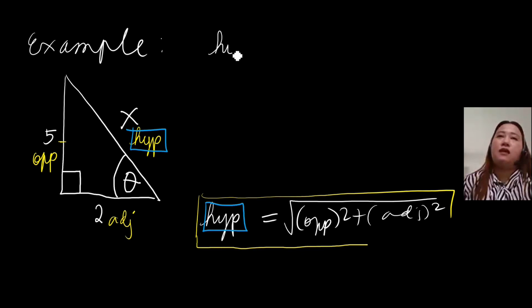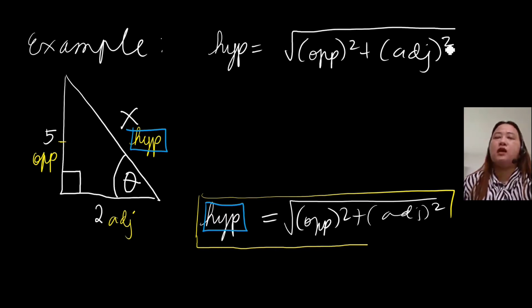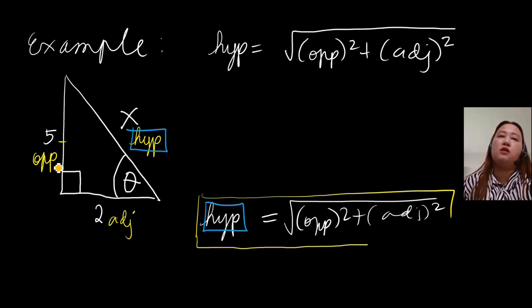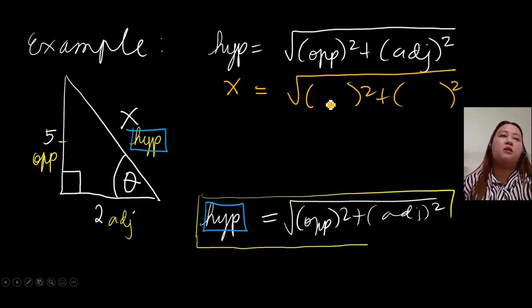So the derived formula again is hypotenuse equals the square root of opposite squared plus adjacent squared. Okay, now you're going to substitute based on what you can see on the illustration. So the hypotenuse is denoted by x equals square root of, so the opposite, we have 5.